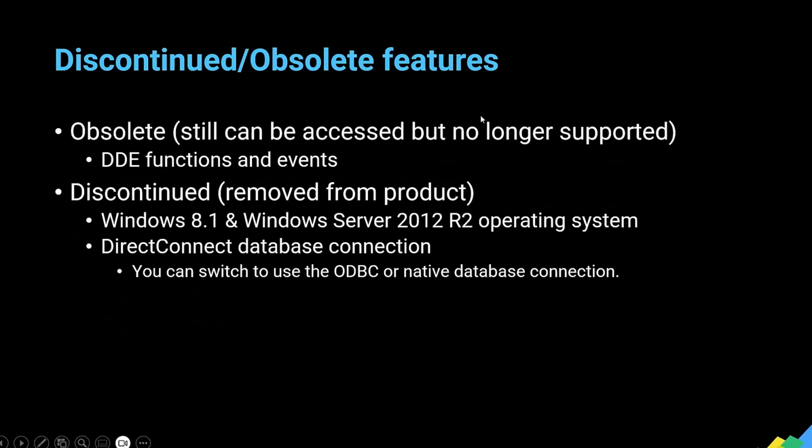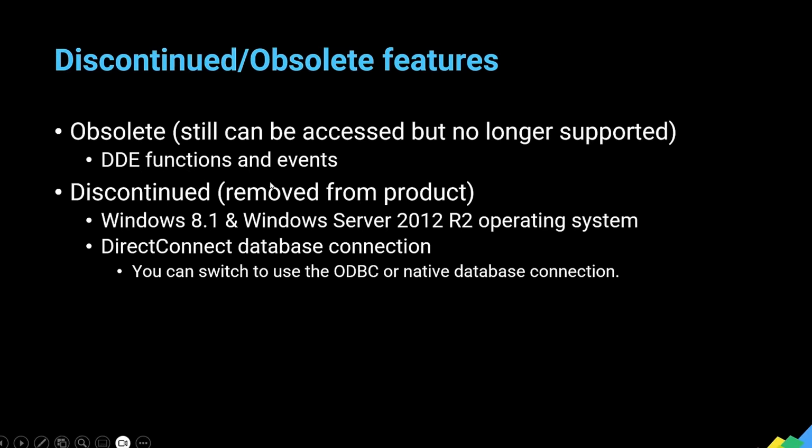We're going to look at what's discontinued and obsolete. Now, discontinued means it's actually been removed from the product. Obsolete means it's there, but it's no longer officially supported. So similar to the operating system discussion we just had, if you do have problems, support's not really going to be able to do anything for you because it's no longer considered a feature of the product.